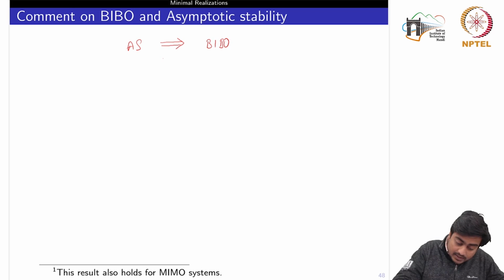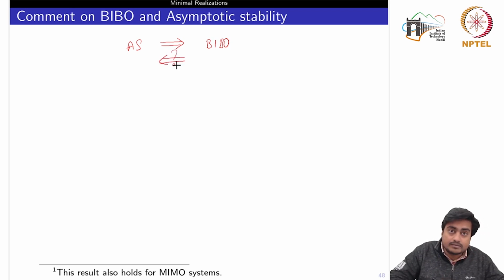But the question we did not answer at that time was whether the reverse implication would hold or not, and we said that in general it does not hold. So now we will see one condition under which this reverse implication also holds, meaning that if the system is BIBO stable plus some additional conditions are satisfied, then we could say that the system is asymptotically stable.